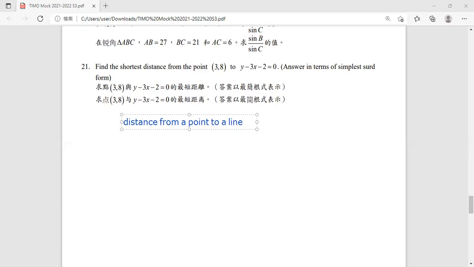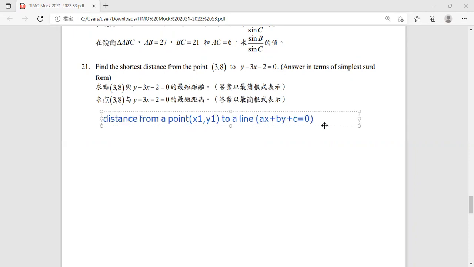This is the distance from a point to a line, say this is x1, y1. Now, this is some formula. I give you the formula. You just substitute it directly.